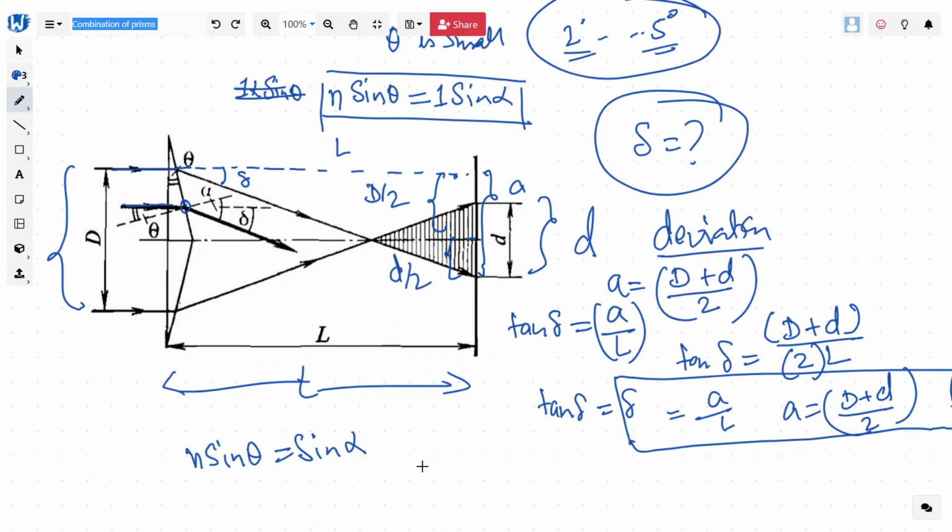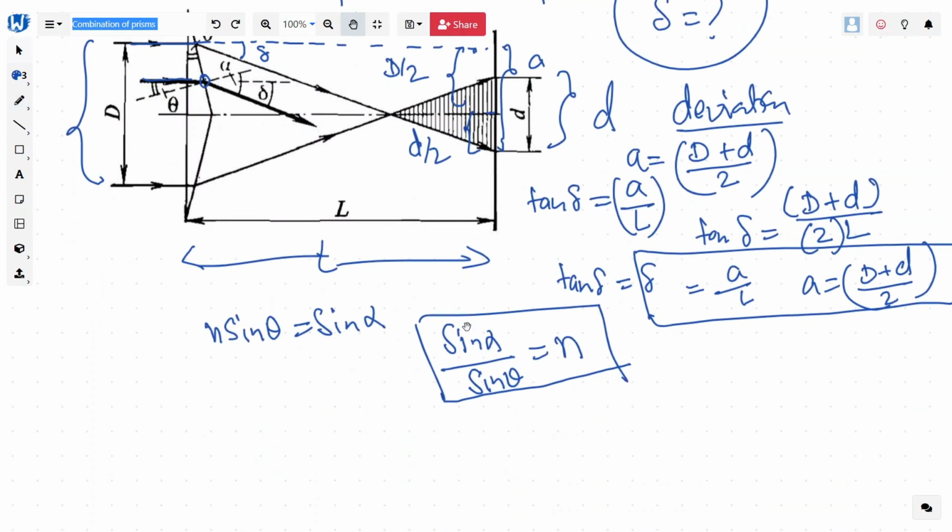So sine alpha by sine theta is equal to n. Now alpha here is nothing but theta plus delta.